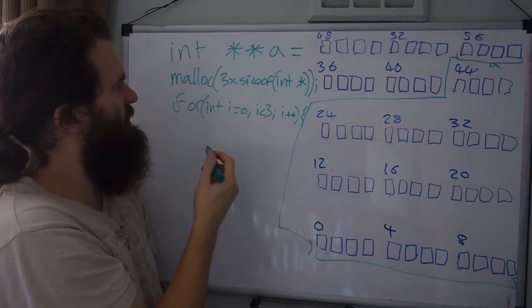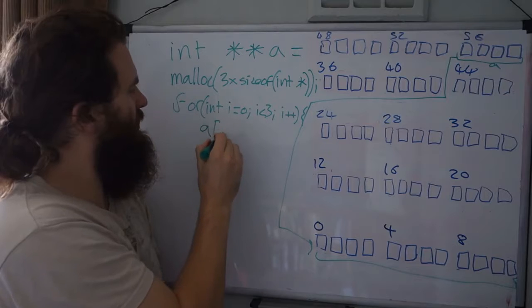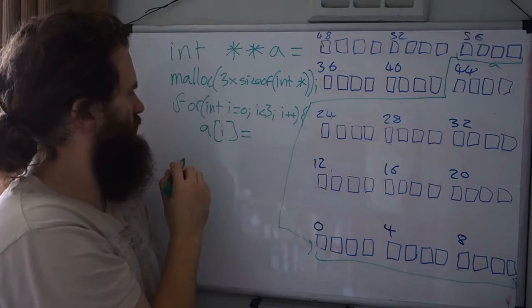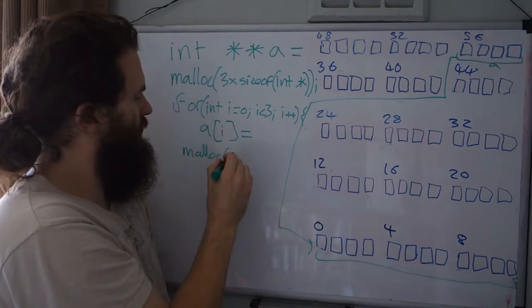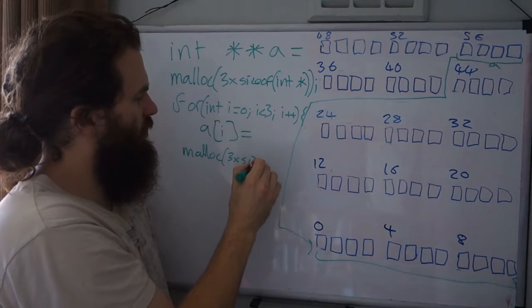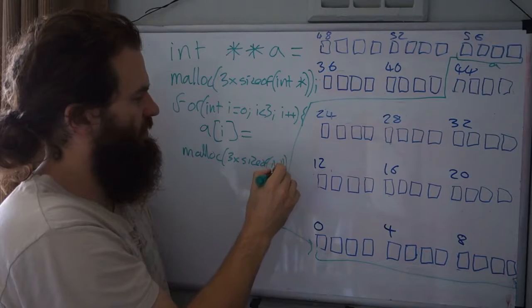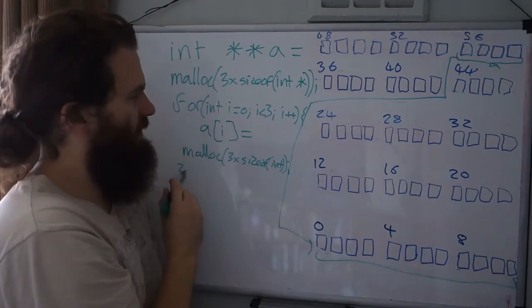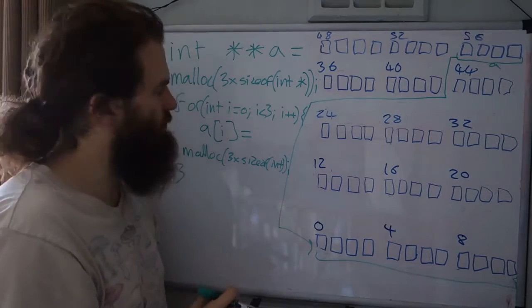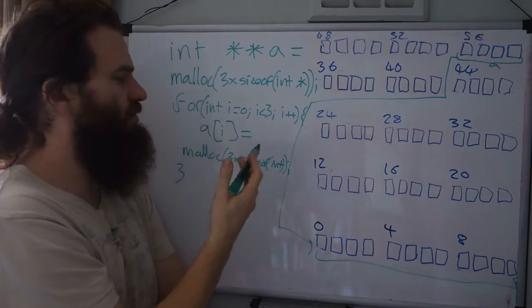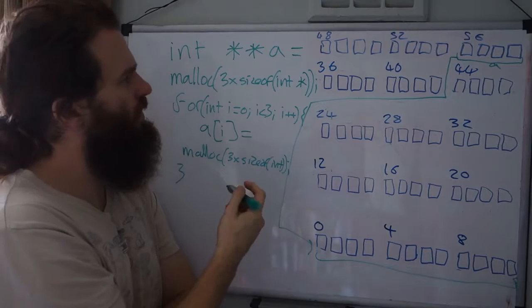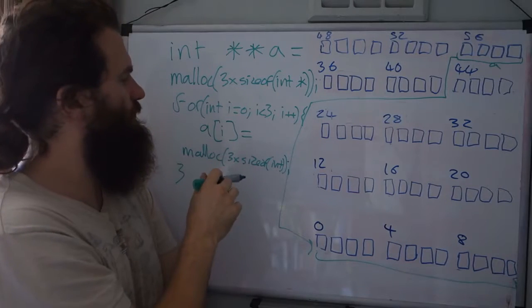And then inside there we said A[i] equals malloc 3 times size of int, and then we close the bracket. I know it's very small, but we're just allocating for each of the array indices 3 times the size of an integer. So what's going to happen when we do that?